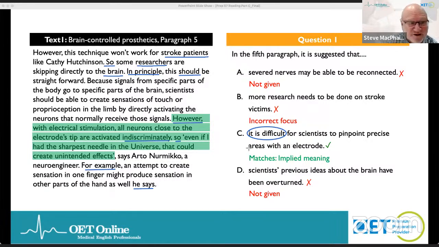That's the trick, because it says, even if I had the sharpest needle in the universe, that could create unintended effects. Therefore, it is difficult for scientists to pinpoint areas with an electrode. So that's what is suggested there. Anyone have any questions?